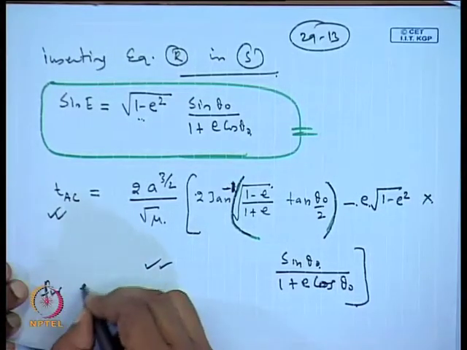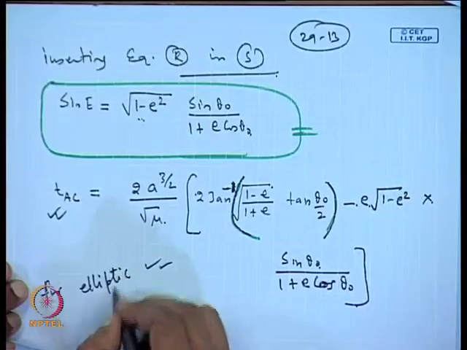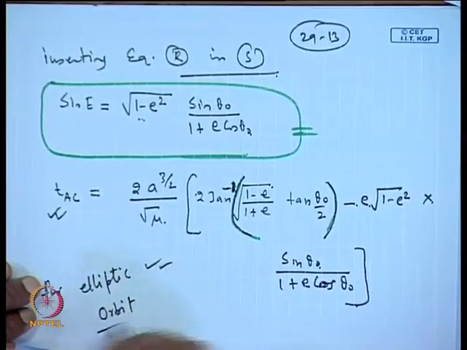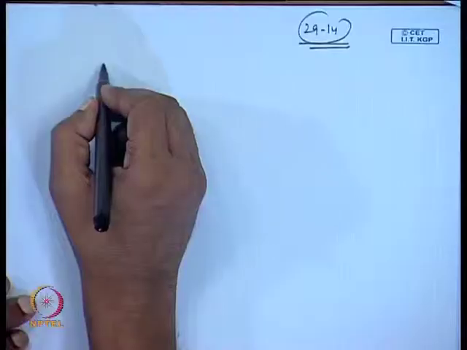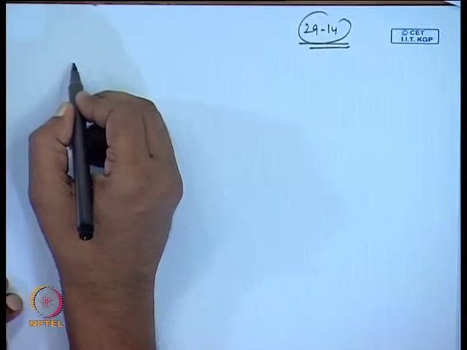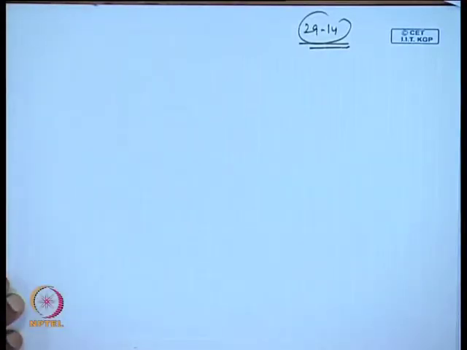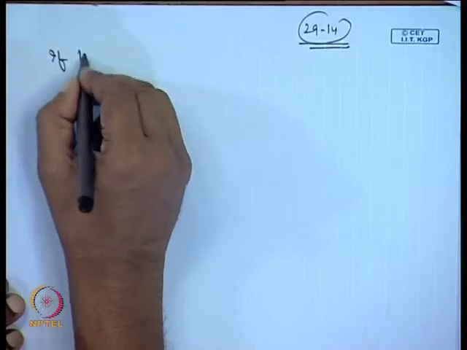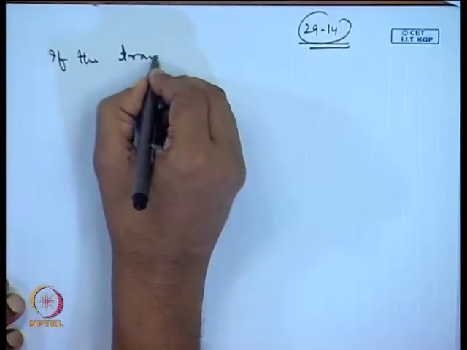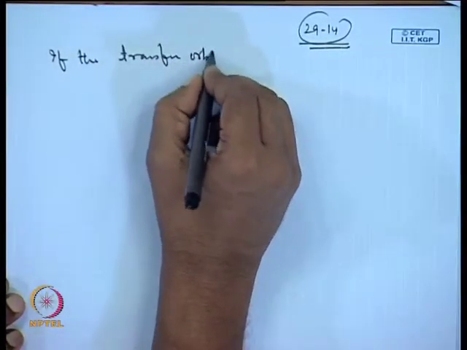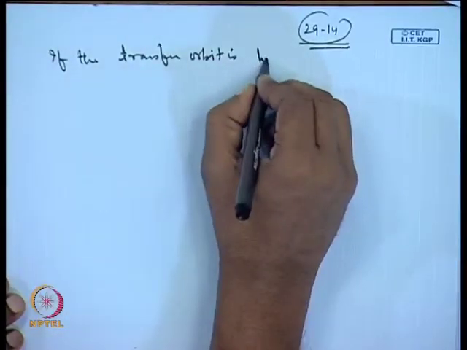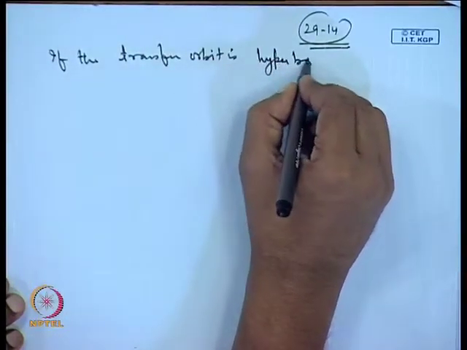in the elliptic orbit. So, we have assumed that it is elliptic orbit, then this is the result. Now, TAC is calculated if the transfer orbit is hyperbolic.